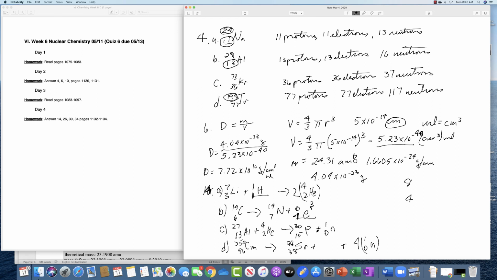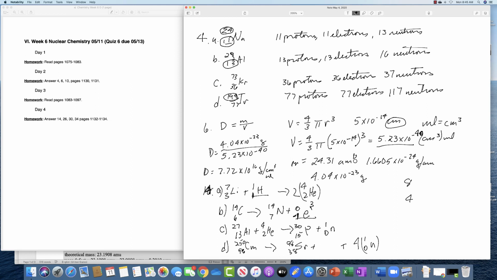Well, we go about doing this by, again, finding out the totals of the atomic number and atomic mass on both sides. So we have 250 for the atomic mass on this side, and 96 for the atomic number. We have 38 here. There's no addition, so we have 38 for the atomic number on this side total. We have 4 times 1 is 4 plus 98 is 102 here.